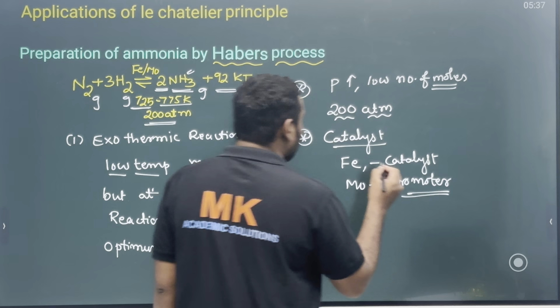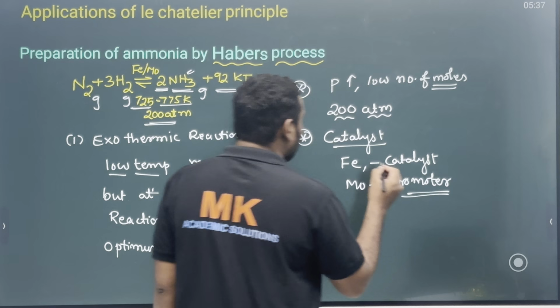That's why an optimum temperature is used. What is the optimum temperature? Here optimum temperature means neither too low nor too high. The optimum temperature used is 725 Kelvin to 775 Kelvin.